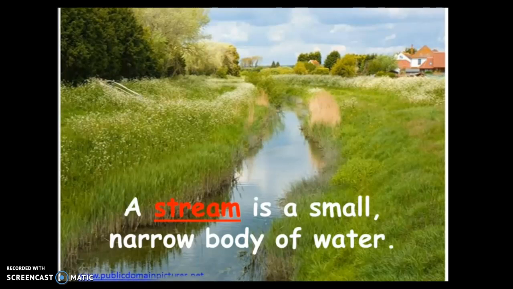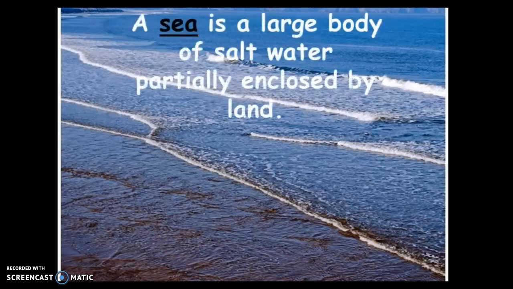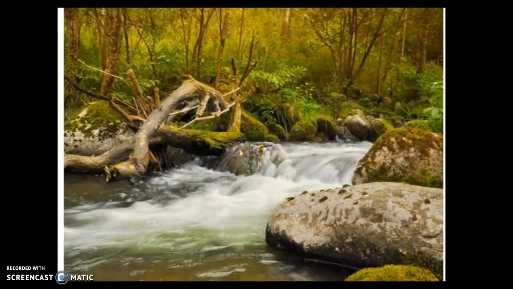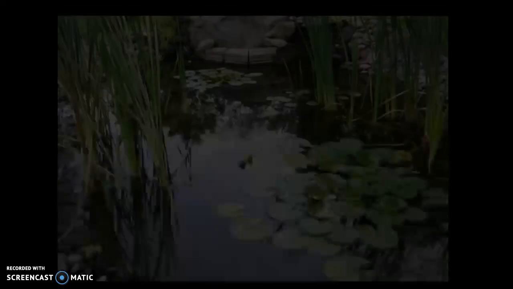A stream is a small, narrow body of water. A sea is a large body of salt water, partially enclosed by land. A river is a large stream of water flowing to a lake, sea, or other body of water.